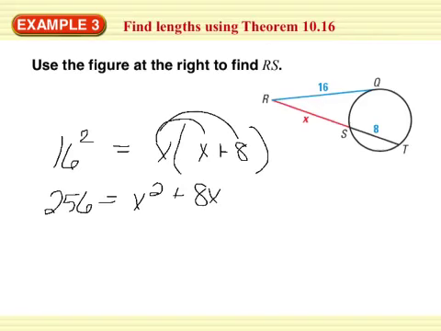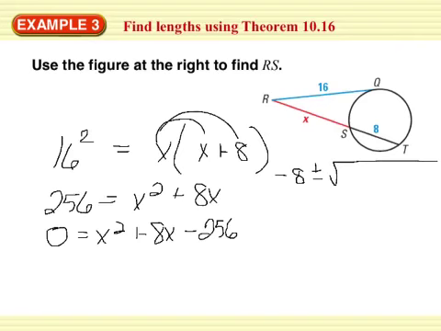X squared plus 8x. No. 0 equals x squared plus 8x minus 256. Here we go again. Negative b plus or minus the square root of b squared minus 4 times a times c, all over 2 times a.